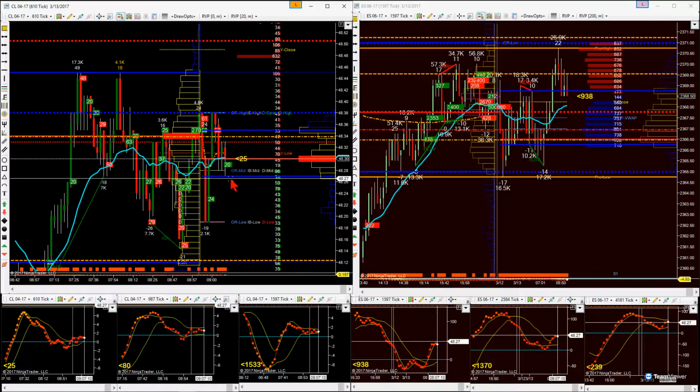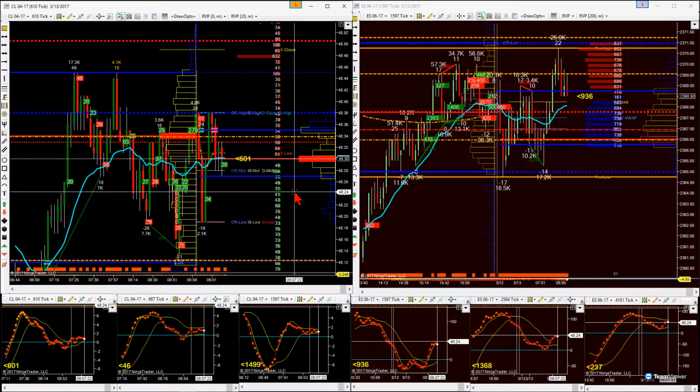Some buying there. Or I should say one large buyer. Here's a bid. 107 contracts on the bid down here at 48.28. Let's see what happens. If it actually gets there, we'll see if they stay or lighten up, and they're kind of staying right around there.